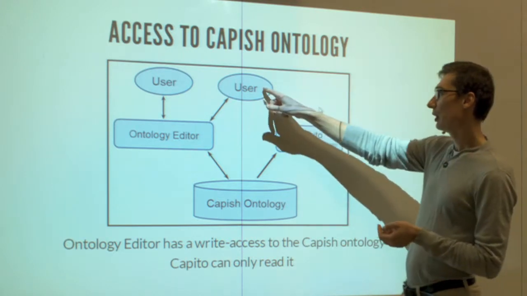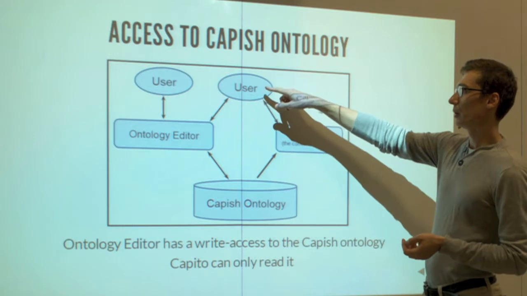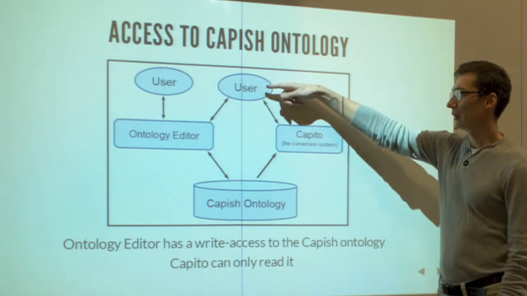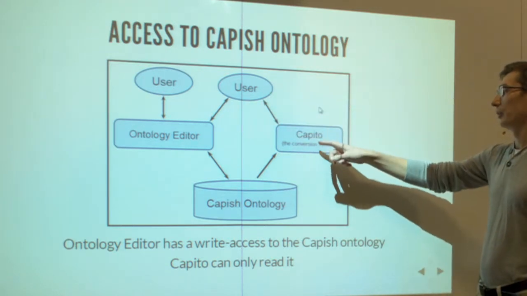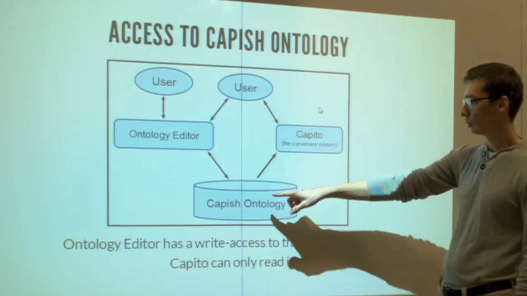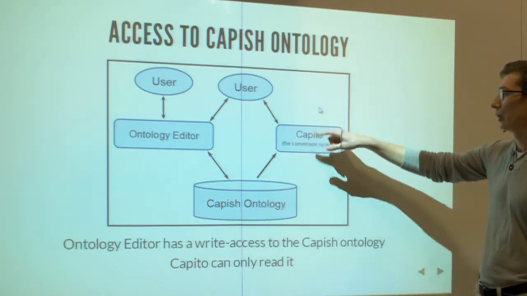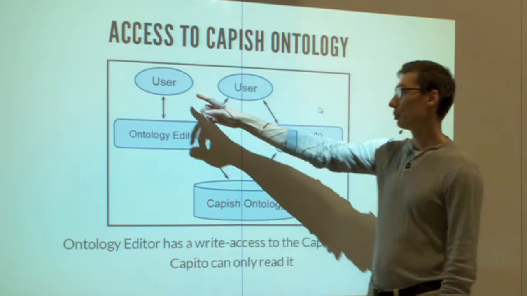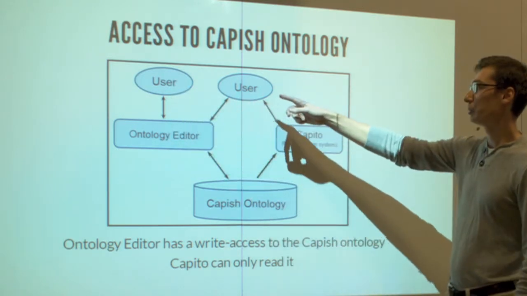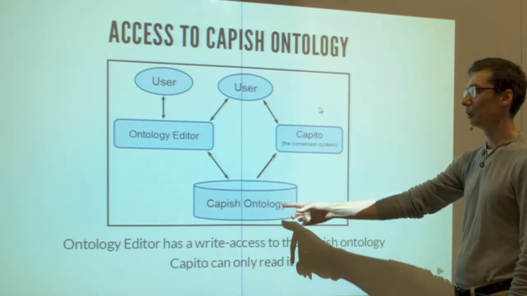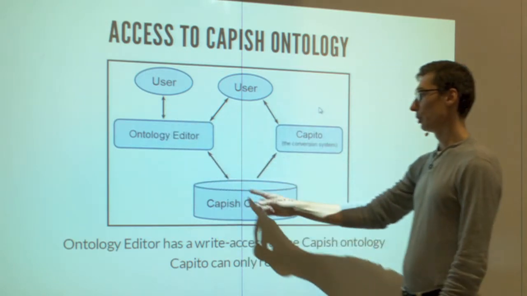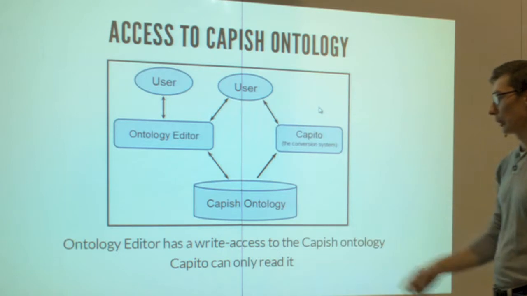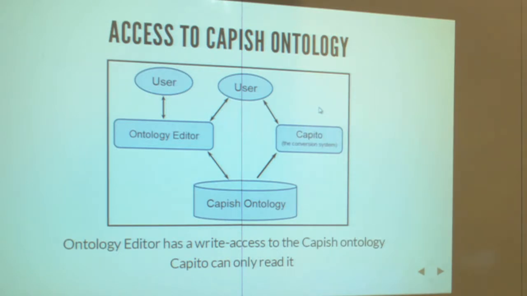One person could be, of course, the one doing the conversion, and then the person interacts with the Capito, which in its turn has to be able to read Capish Ontology and then formulate conversions and then do the work. But there may be another person who is not an expert in conversions but an expert in terminology. So you need a separate tool, a separate channel for interaction with Capish Ontology. That's another requirement.